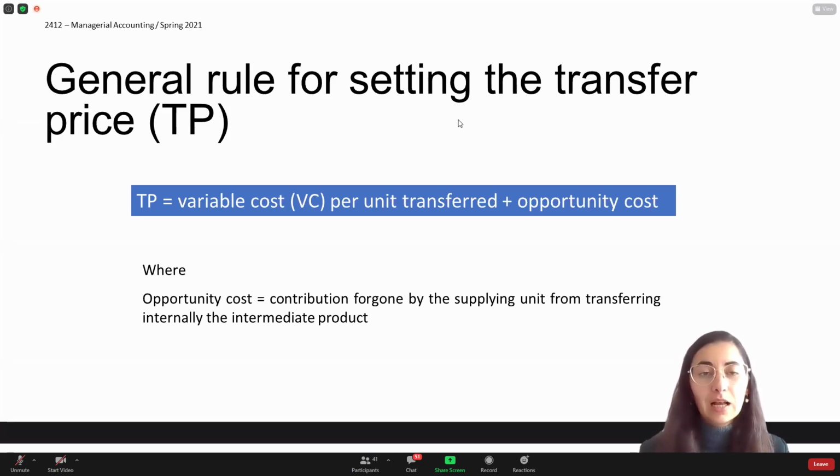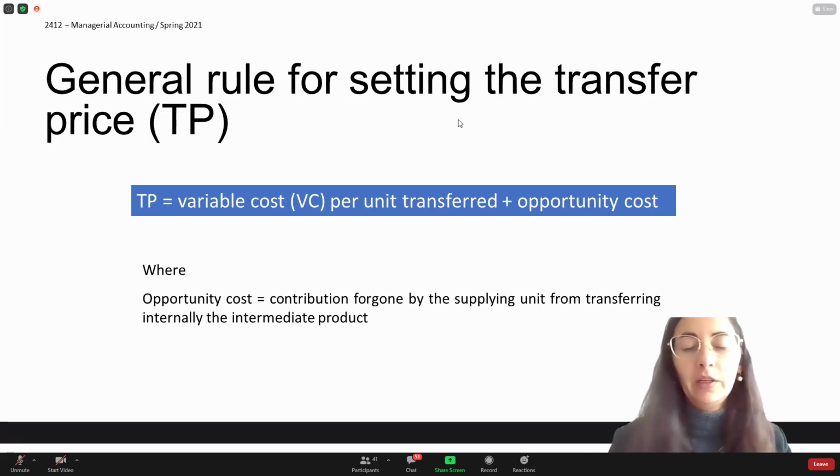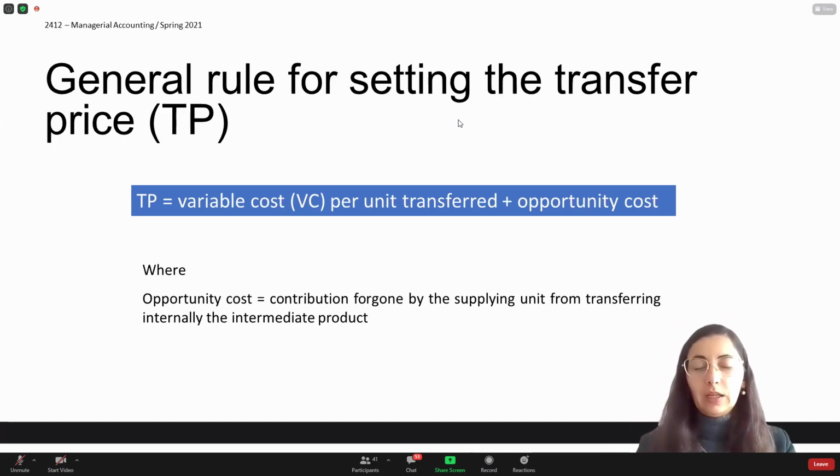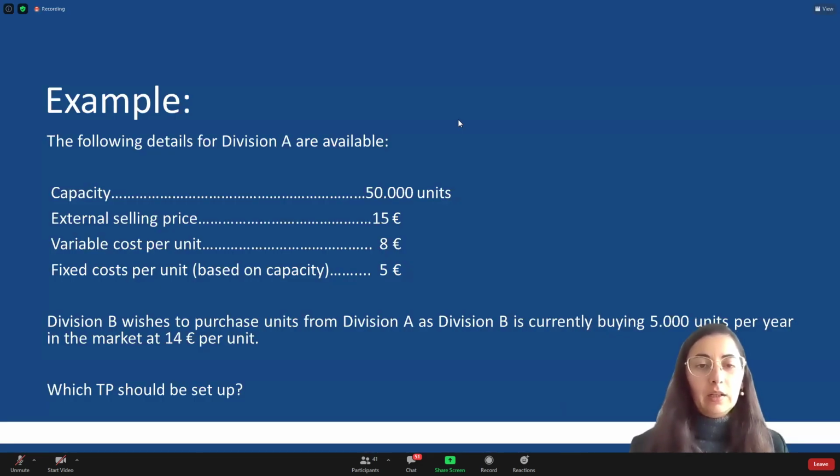If they stop selling to the market, they will lose the contribution margin. If we do the calculations, that would be the variable costs, 8, plus the contribution margin lost, 15 minus 8, which gives 15, the market price. Very good.